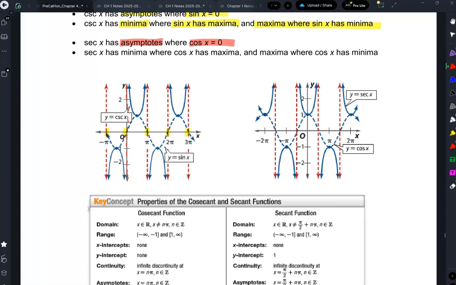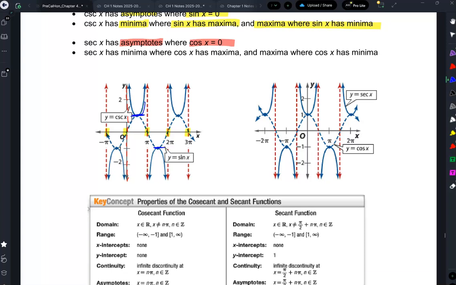When the sine function has a maximum, the cosecant has a minimum. You see that? That U shape is a cosecant. Where the sine has a minimum, this has a maximum. So we draw this and then we just draw the U here and the U here. I'm going to wait to graph one before I take questions, because I know all the questions you are going to ask.